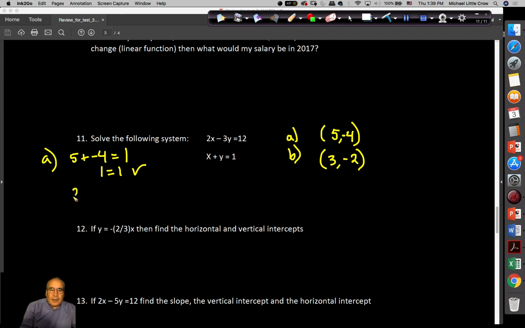We're going to have 2 times the x value, which is 5, plus 3 times the y value, which is negative 4, and what we're checking out, does that equal 12? Oops, there's a minus there, not a plus.